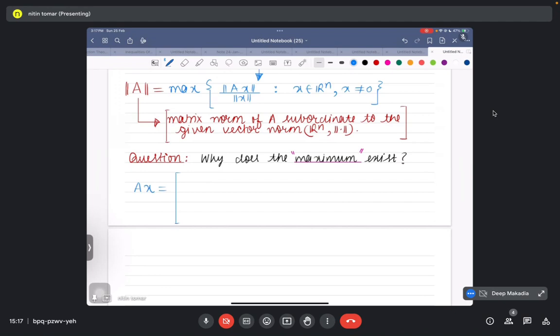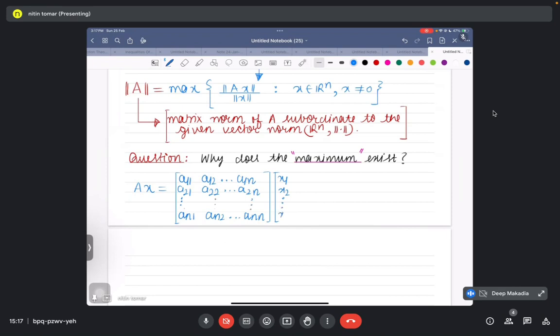Now A will be A11, A12, up to A1n, then A21, A22. A must be of this form, right? It is given to be a fixed square matrix. And your x must be of this form, X1, X2, am I correct?